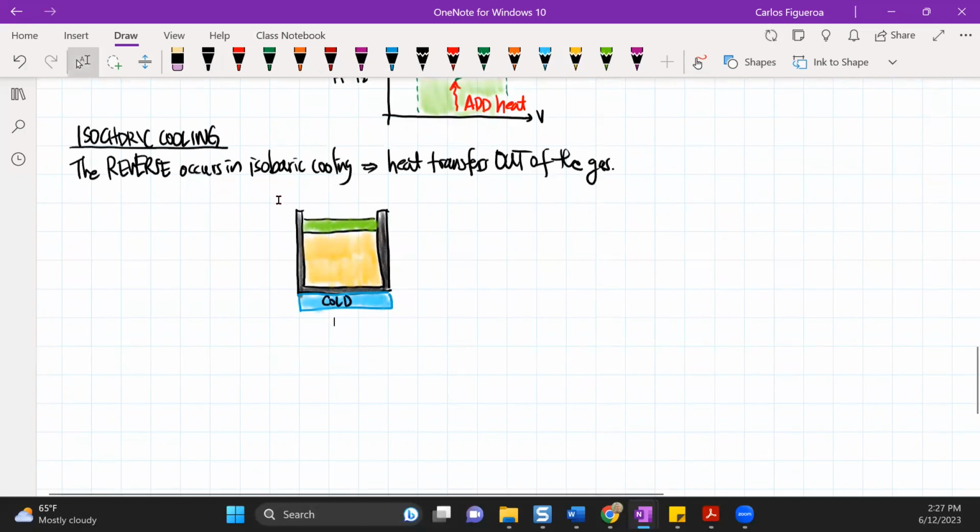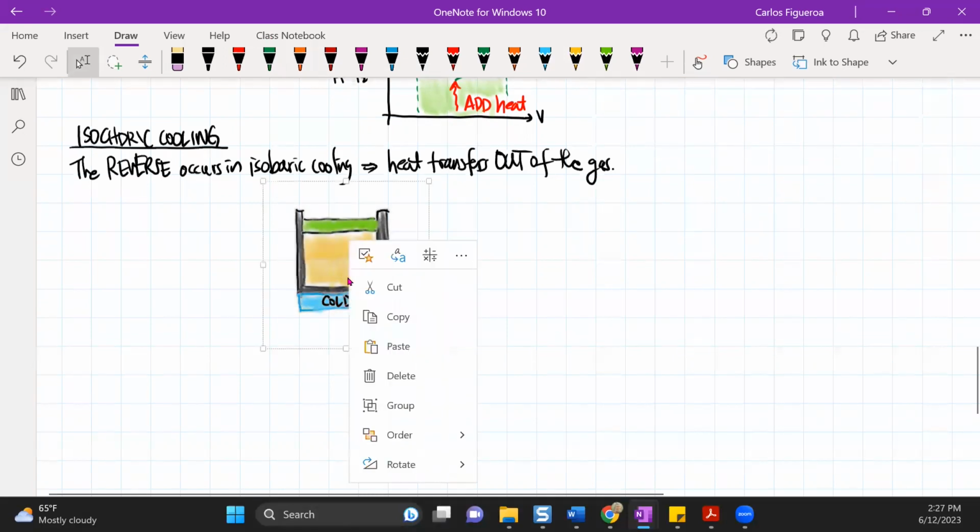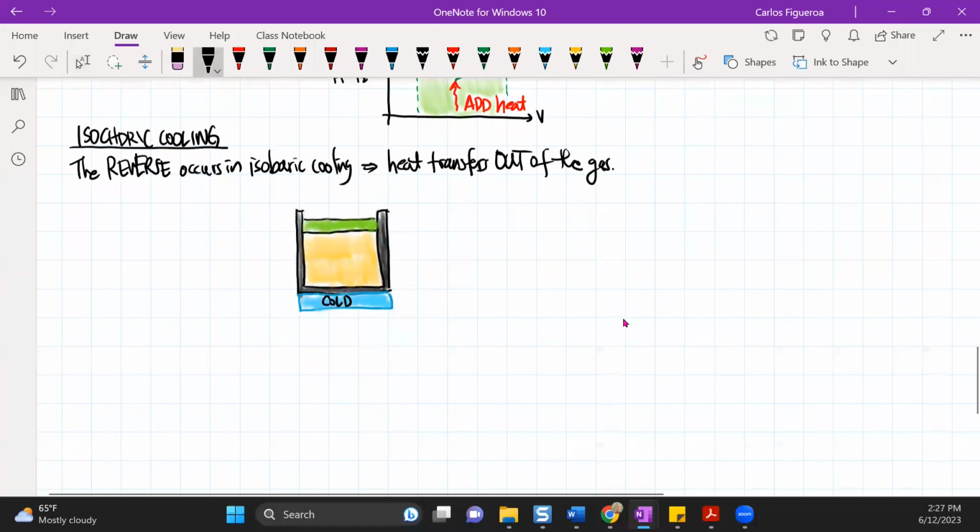So when I look at this, what am I going to see here? Well, I'm going to start off with state 1, which means that I have pressure, volume, and temperature must be high from what we said before.